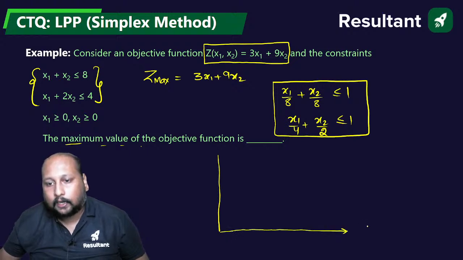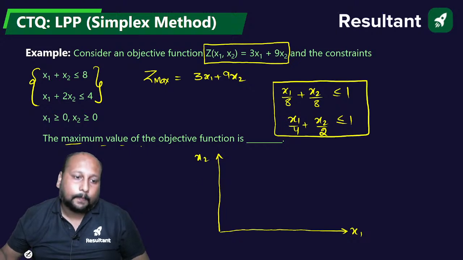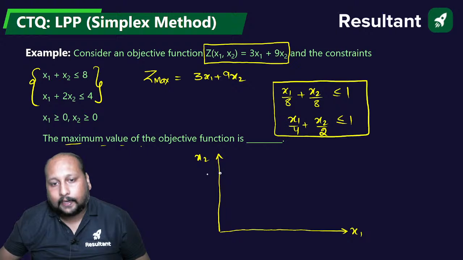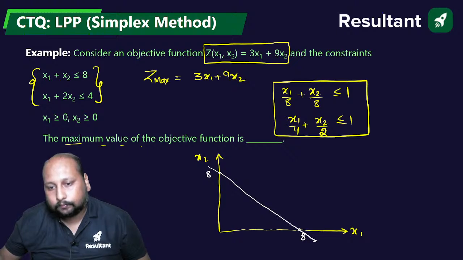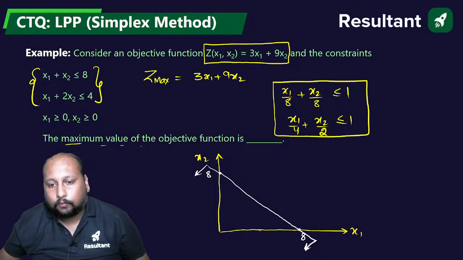We have x1 over here and x2 over here. The first constraint is 8 comma 8. Let's say this is 8, this is also 8. So we have this as the first constraint towards the origin. And for the second constraint, we have 4 comma 2. This is 4 and this is 2.